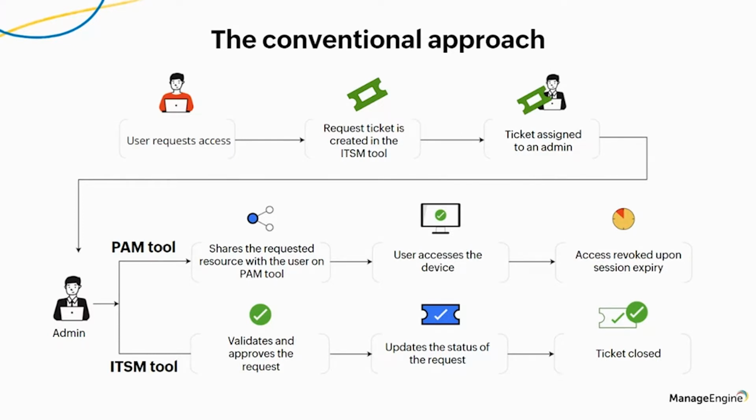So that makes sense to do this in the ITSM solution. But there's a duplication of work where both the requestor and the approver also have to log into PAM. The requestor puts in a request and the administrator has to approve the request in the PAM solution as well. And only then does the developer actually gain access to the Linux machine.